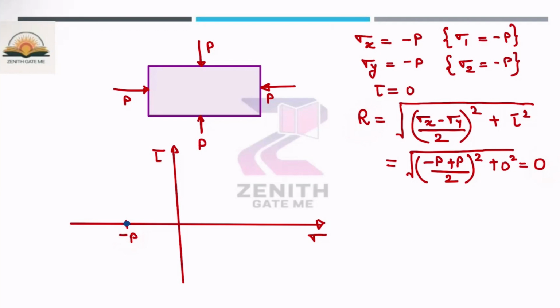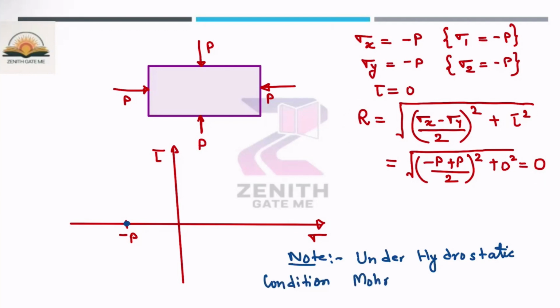So I'm writing it in the form of a note point: under the hydrostatic condition, the Mohr circle is reduced to a point.